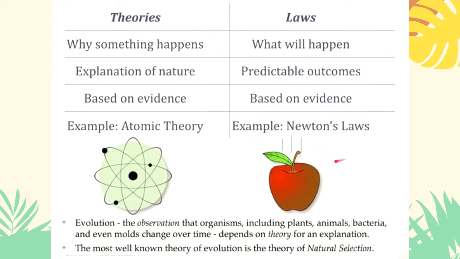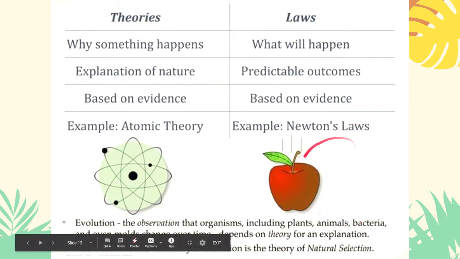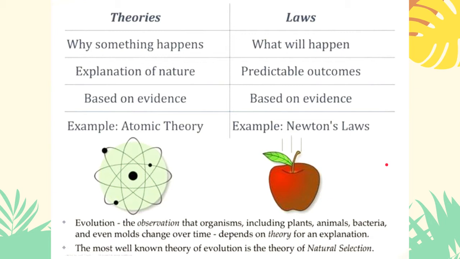It can predict what will be the force of an object if you have its mass and its acceleration. So force equals mass times acceleration is a law because it can already predict the value of the force if you have the mass and the acceleration. So they are mostly mathematical in nature.